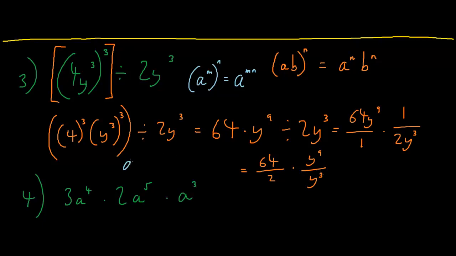Now, a to the power of m divided by a to the power of n equals a to the power of m minus n. So this expression turns into 32 multiplied by y to the power of 6.